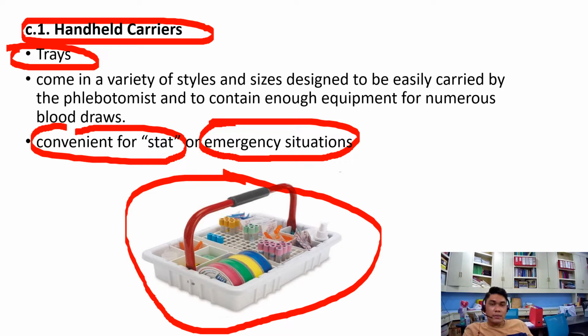So this is an example of a handheld carrier. You have your evacuated tubes, then you have your tourniquet, lancets, syringe, okay? And it also contains a container of infectious waste, okay? So that's your handheld carrier or your phlebotomy tray or warding tray, okay?